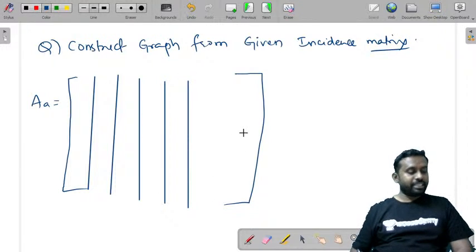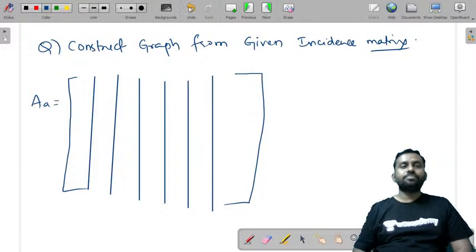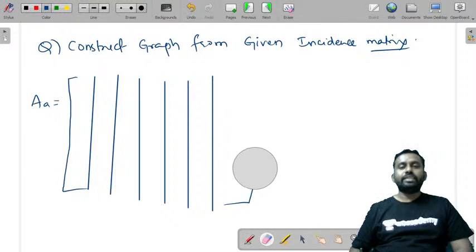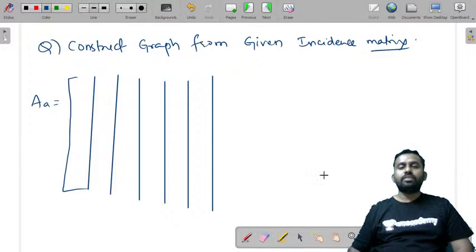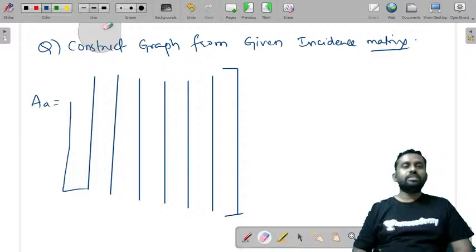How many numbers? Six are there. One, two, three, four, five, six. So let's try to draw it something like this.